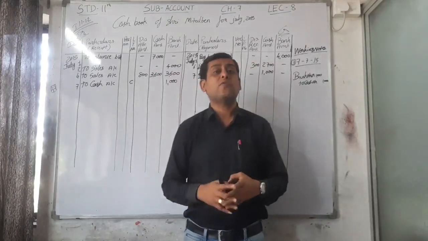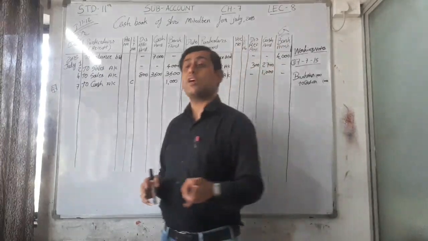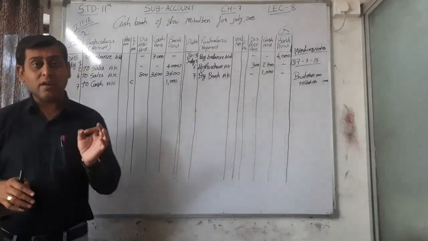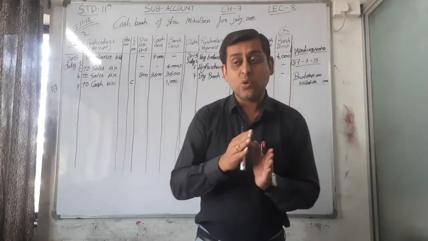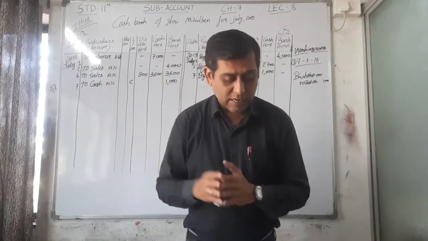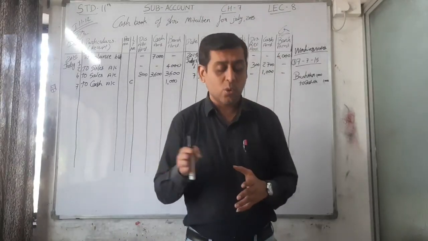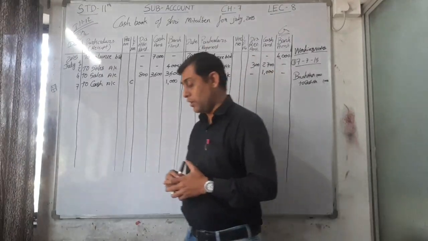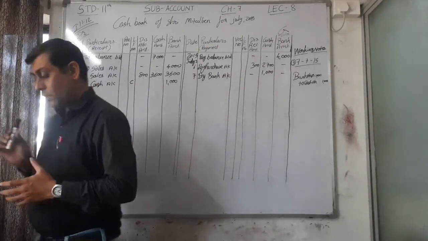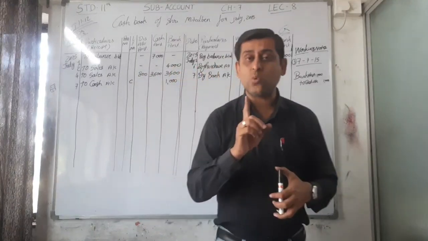So three accounts are affected, but we have to ignore one personal account. Here the Gopi account is the personal account, and we have to ignore that. And that's why the journal entry, write down the journal entry for this transaction. Salary account debit 800 to bank account 800.